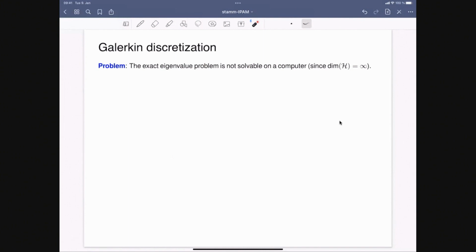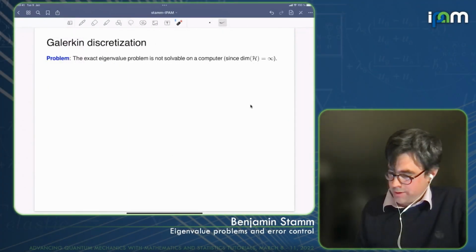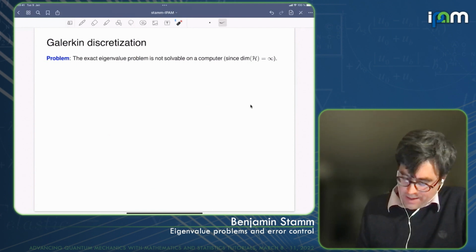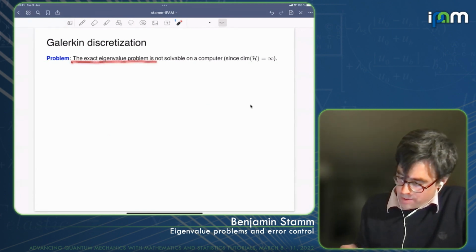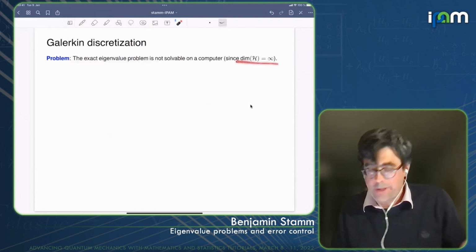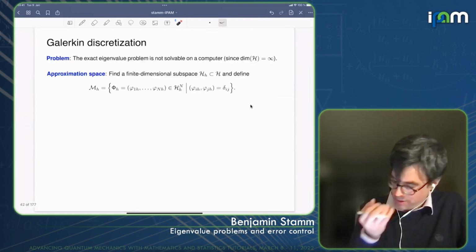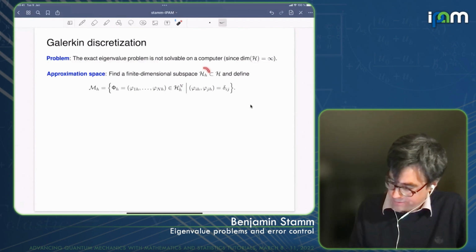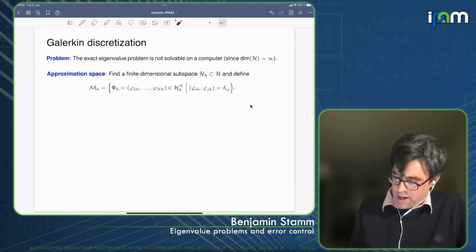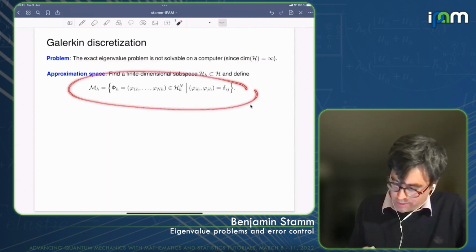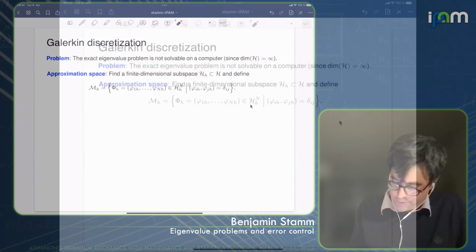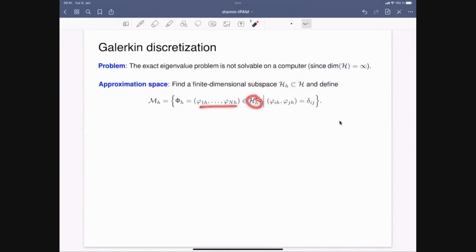Let us return to the eigenvalue problem after this excursion into the functional analysis aspect. The exact eigenvalue problem is not solvable on a computer simply because the underlying Hilbert space is infinite dimensional. So you need to introduce a finite dimensional subspace, curly H_h, and you can define the analogon of the Stiefel manifold for n-tuples of your discrete space, and you still want them to be orthonormal.